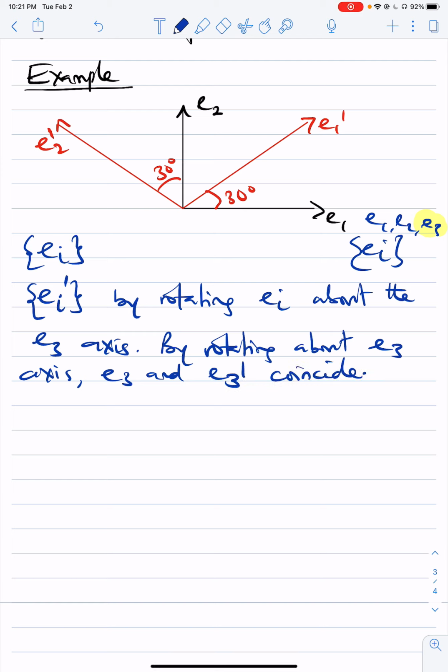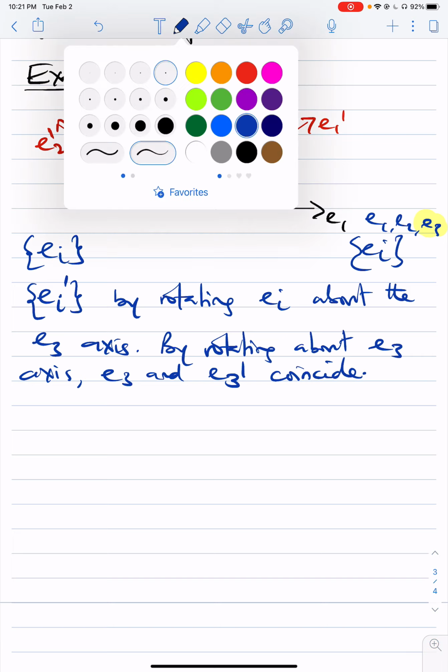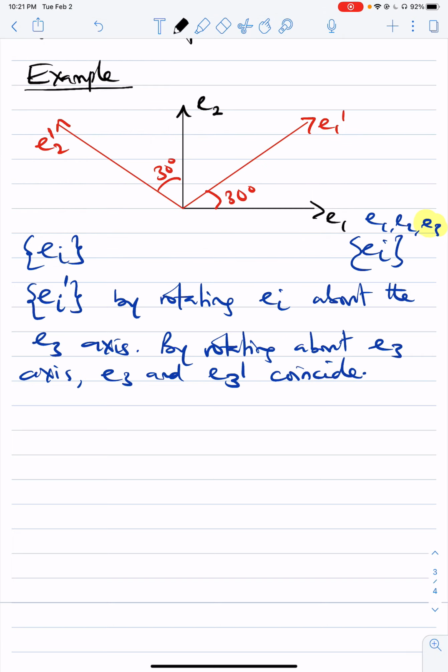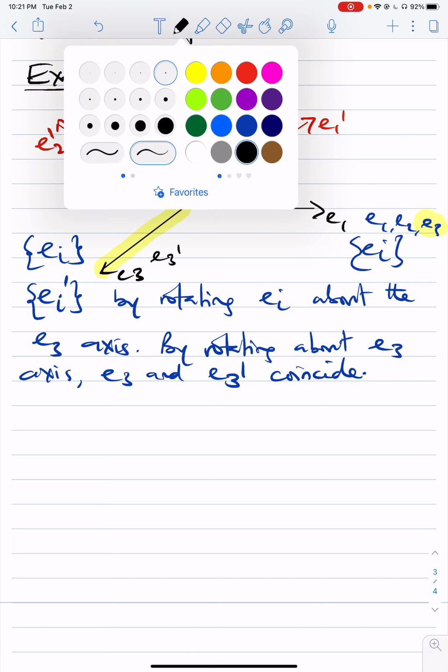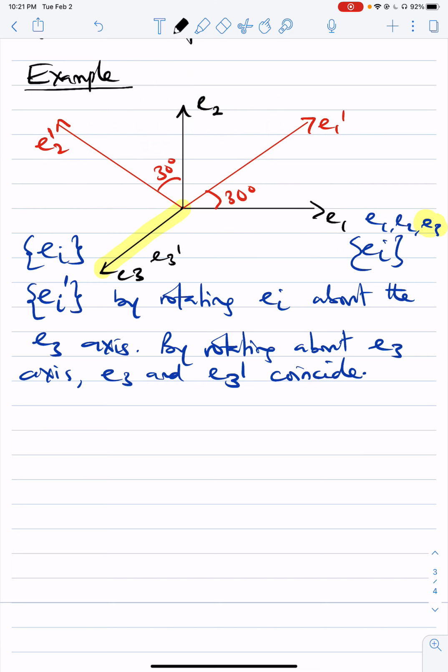So it will not show on the diagram, because if this here is E3, E3 prime will still fall on this same line. Does that make sense? So we have E1, E2, E3, but we are rotating about E3, and E3 and E3 prime will coincide.